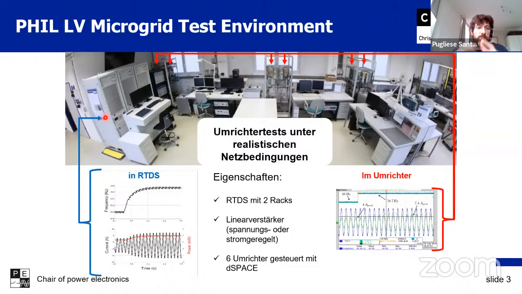By using this power hardware in the loop configuration, we can test the stability of grid-connected converters in more complex grids where we increase the penetration of renewable energy sources. This is one of the aspects, but in this low voltage laboratory we also test this electric suspension system, because in this real-time simulation we can model electrical power systems, but also whatever system can be expressed in a state space equation with a dynamical model.